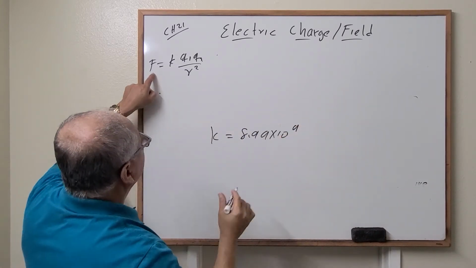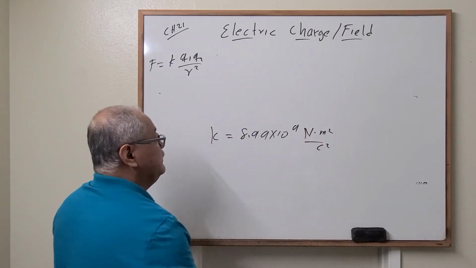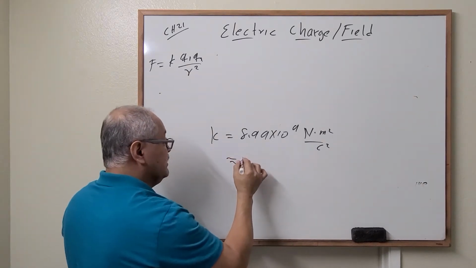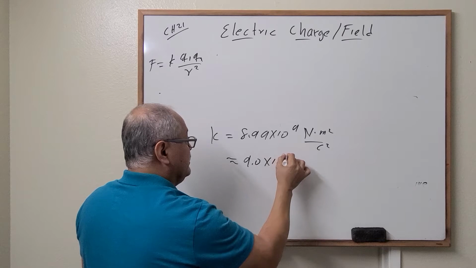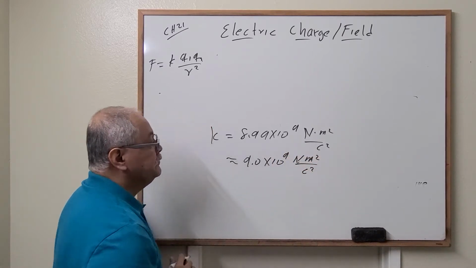The units are newton meters squared divided by coulombs squared. Usually for calculations it's about 9.0 times 10 to the 9 newton meters squared over C squared.